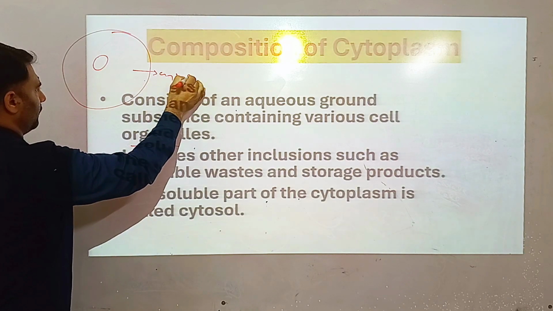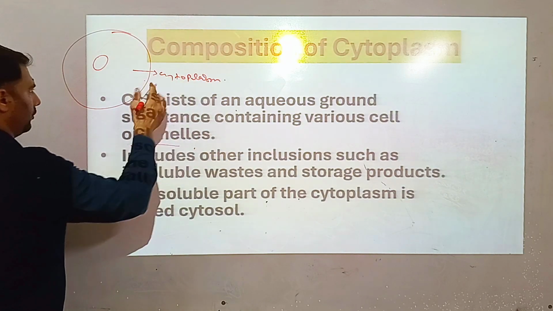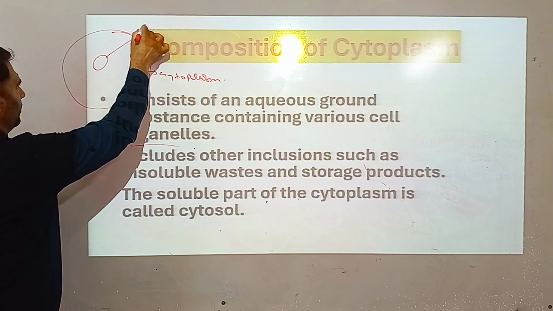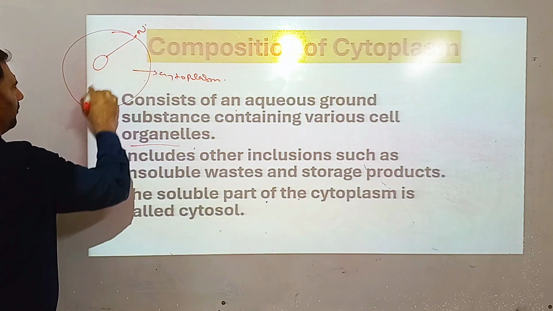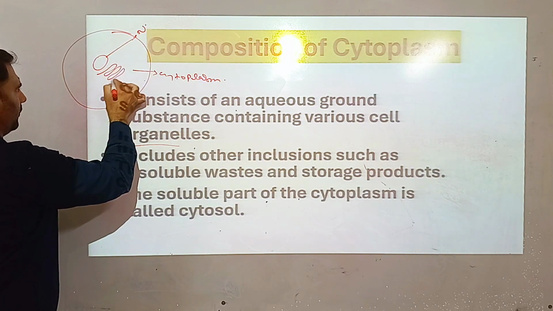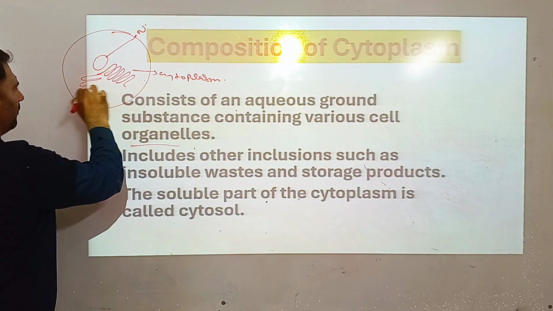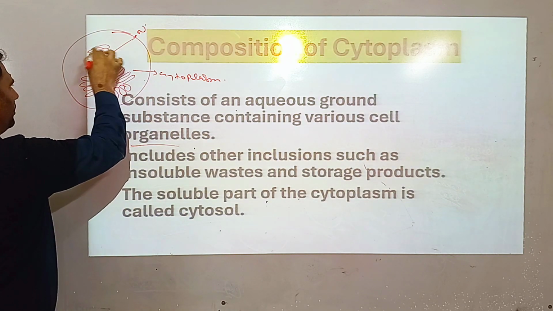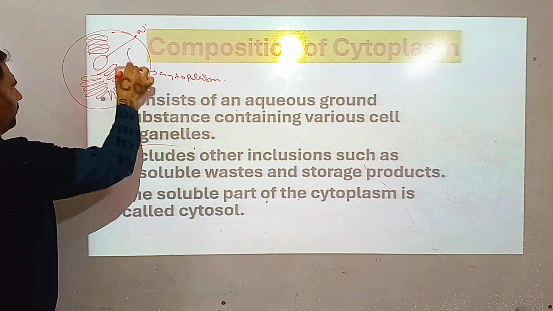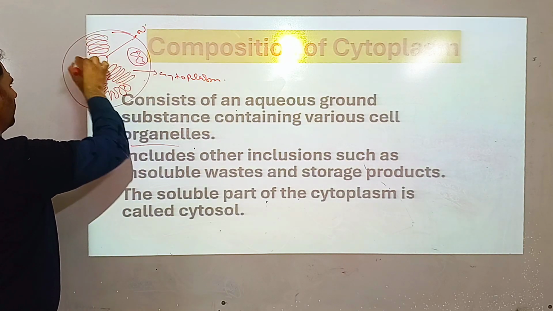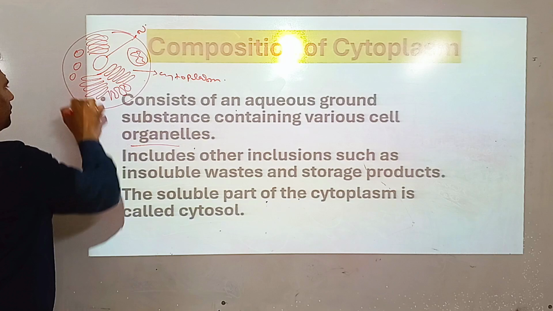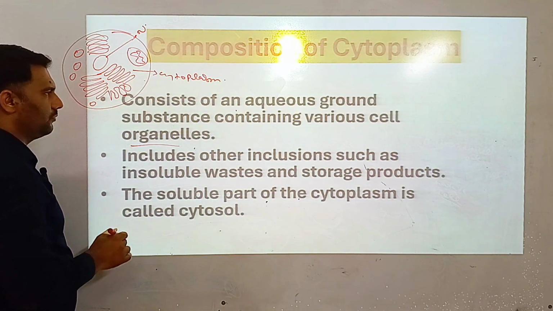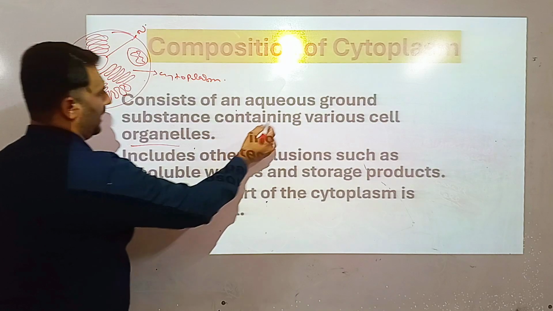It is the floor of a compartment, and there will be present the nucleus, endoplasmic reticulum, Golgi bodies, mitochondria, lysosome, peroxisome, vacuoles, and all these organelles are present in it, and it is an aqueous ground.